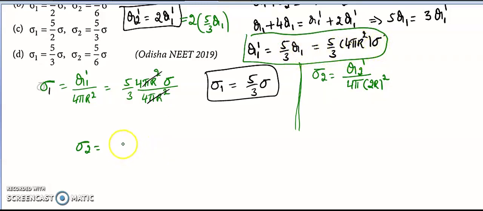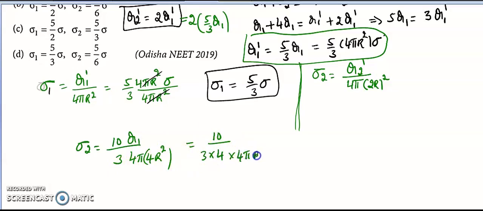So Q2 dash is equal to 2 times Q1 dash, so 10 by 3 Q1, divided by 4 pi into 4R square. So that is equal to 10 by 3 into 4 into 4 pi R square, into Q1.